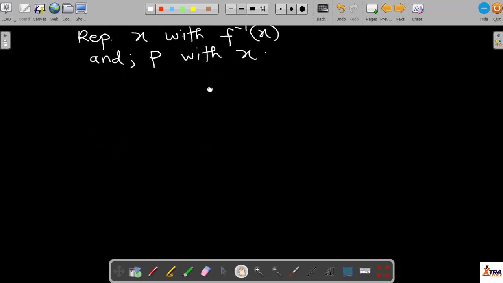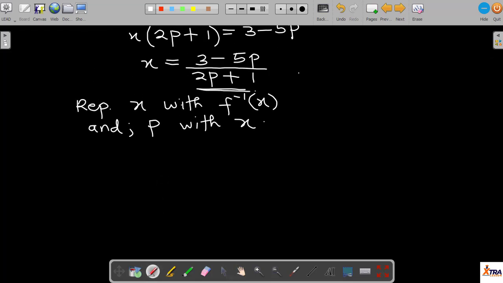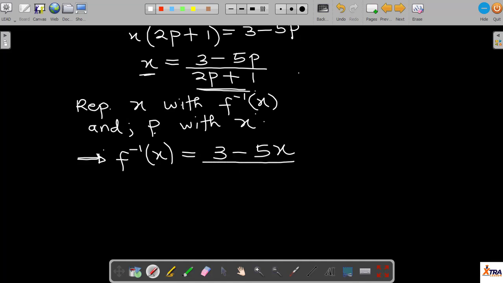Since we are going to be representing each of them, wherever I see my x here, I simply put g inverse of x. Therefore, my g inverse of x function will now be 3 minus 5, instead of p now, I'll be using x. So 3 minus 5x all over 2x plus 1. So this will be my inverse function.